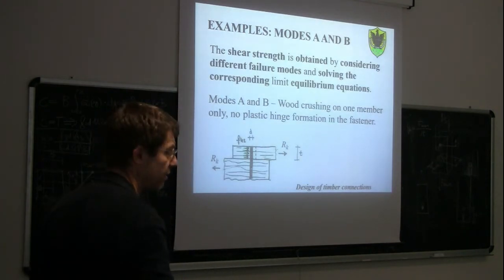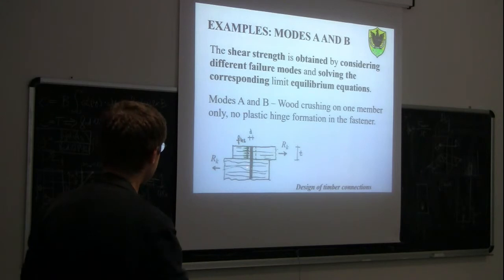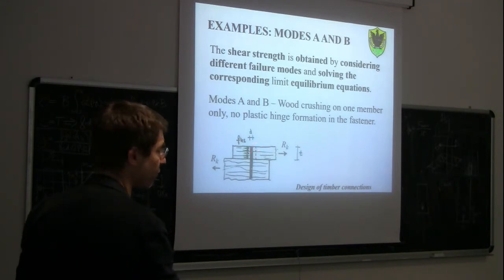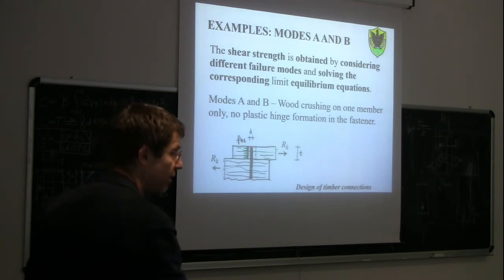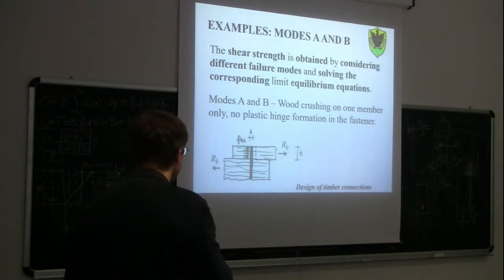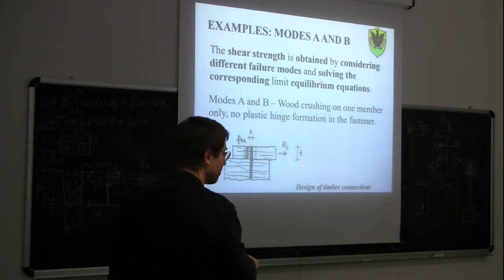For example, if we assume that we have a failure for crushing of the wood in this member here, the only equilibrium equation that we need to write is simply that Rk, which is the characteristic shear strength, is equal to fh1k, embedment strength of timber member number 1, times d times t1.